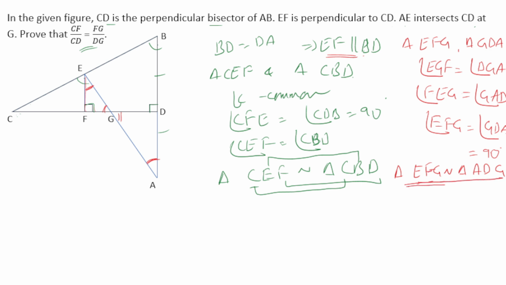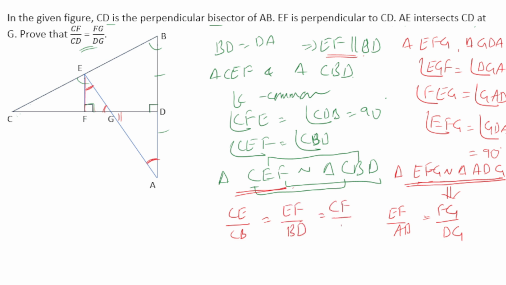So from this similarity, what can we write? The ratio of the corresponding sides are equal. So EF divided by AD is equal to FG divided by DG. And from the other similarity, what can we write? CE divided by CB is equal to EF divided by BD is equal to CF divided by CD.